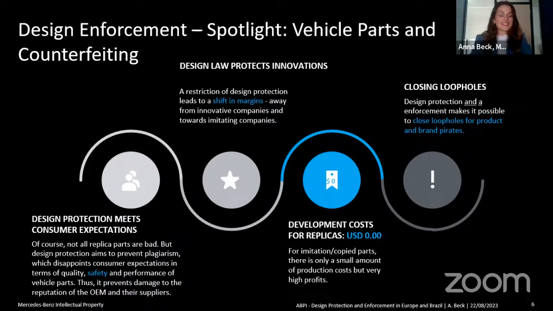The good news is design protection and enforcement makes it possible to close those loopholes for product and brand pirates. For example, design protection grants us as manufacturers legal recognition and ownership for our designs. This makes it easier for us to take legal actions against the individual.